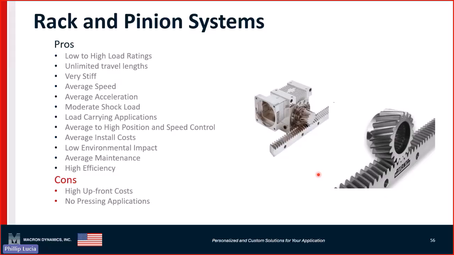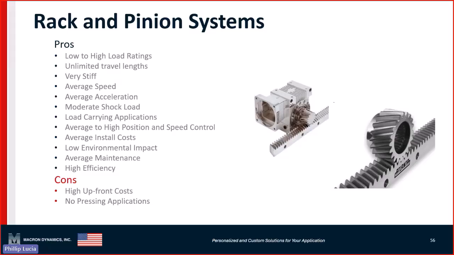They are expensive up front. You also have to be careful about how you align them and make sure your rack is aligned with your bearing structure, and so you don't have side loads or axial loads that impact the pinion. And there's no pressing applications, so they're not real good at that style of solution.